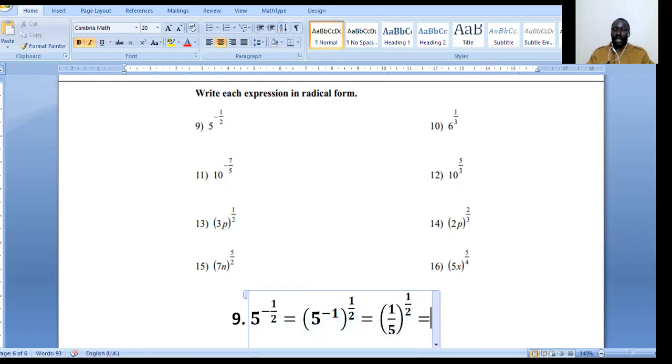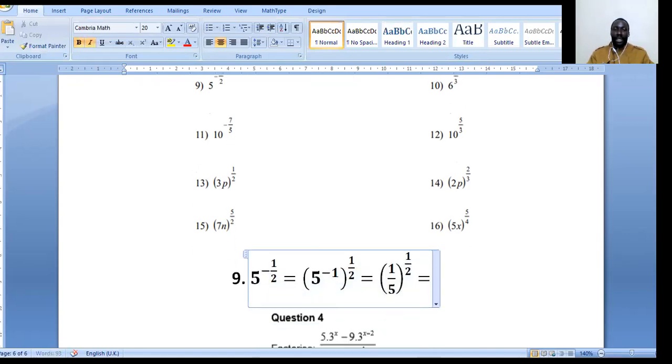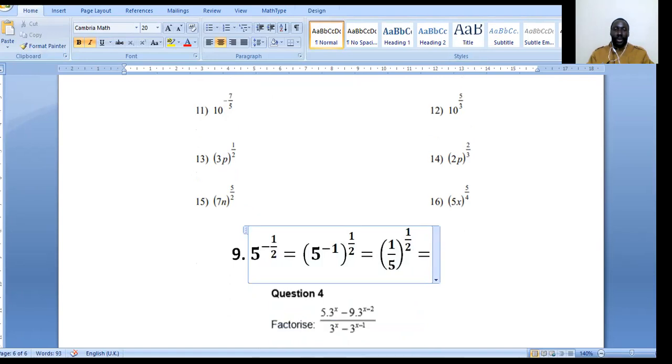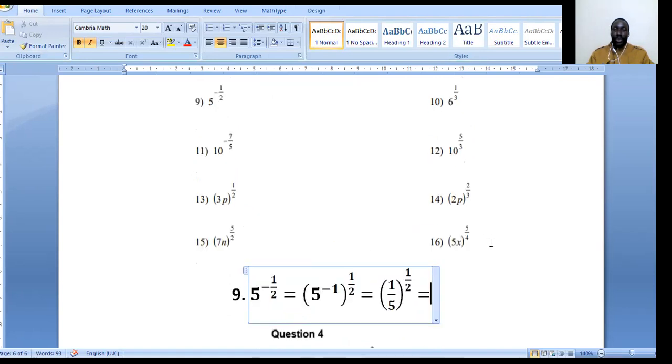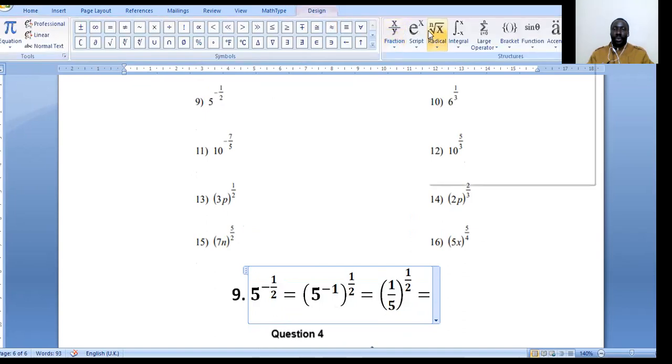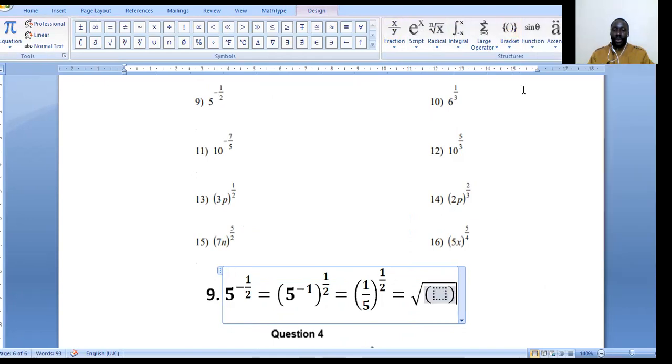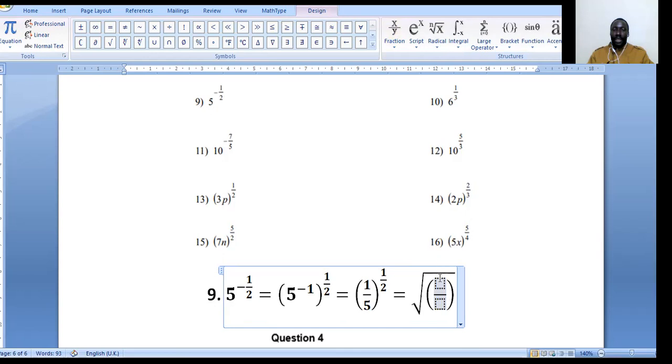Well, we can then simplify this to the square root of 1/5, let's have that inside the bracket, the square root of 1/5, like that. And that is the answer.